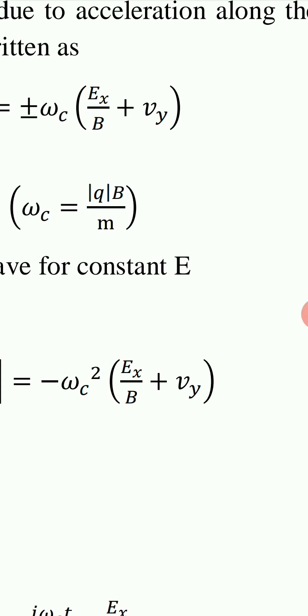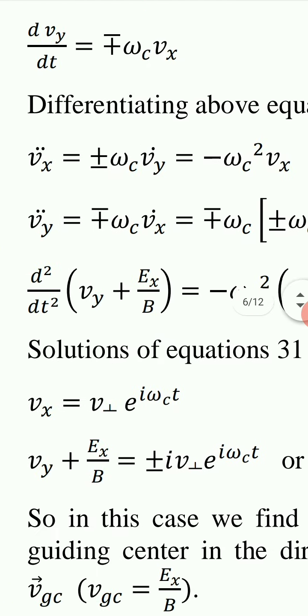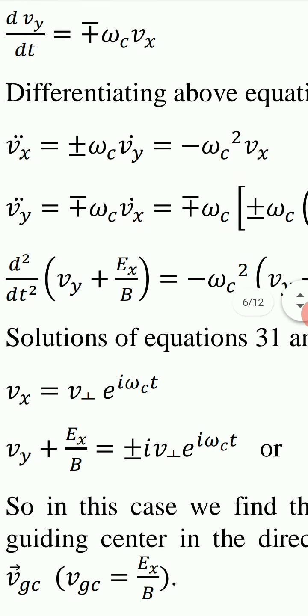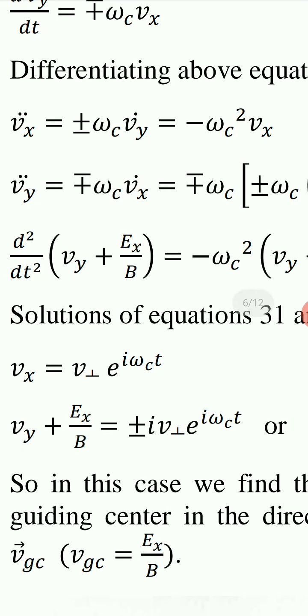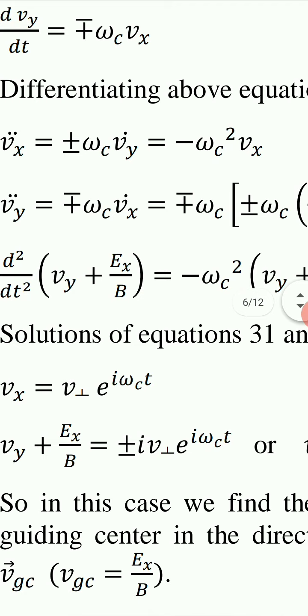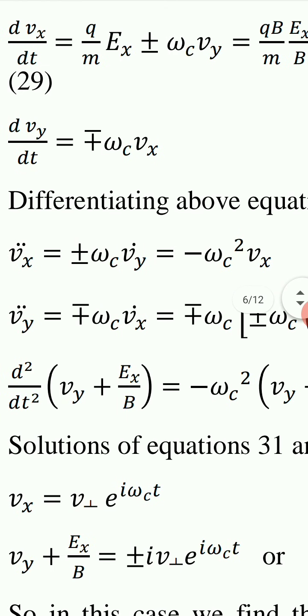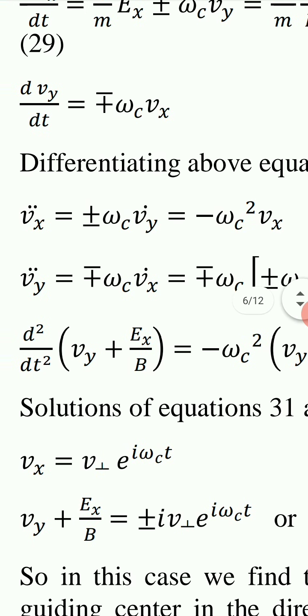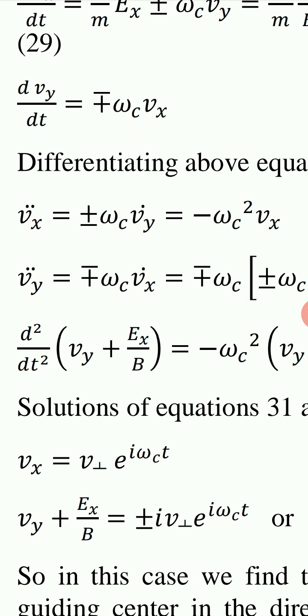Differentiation of Ex upon B is 0 because Ex is constant, B is constant. These are components of the electric field and magnetic field. So we get Vx double dot equal to plus minus omega c Vy dot, and the value of Vy dot is given by equation 30.